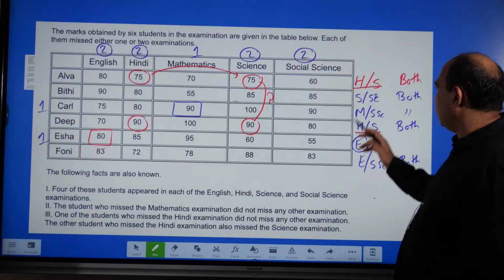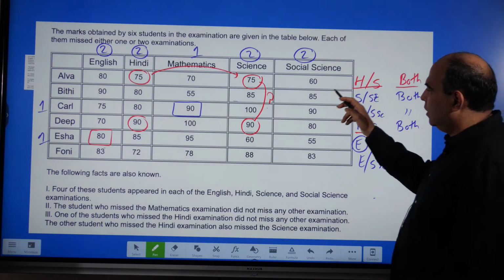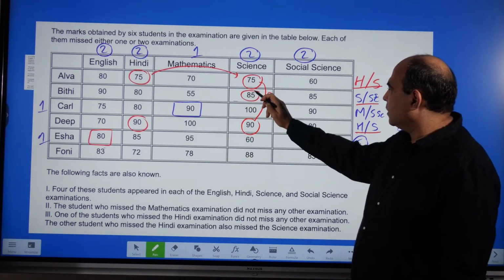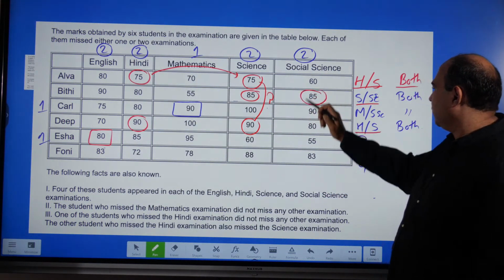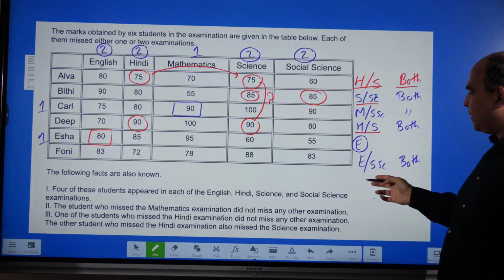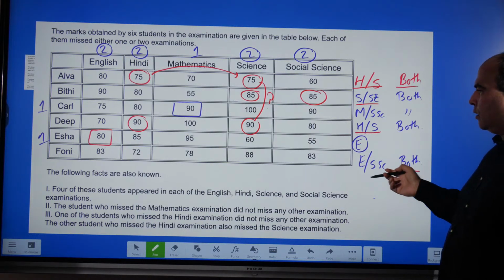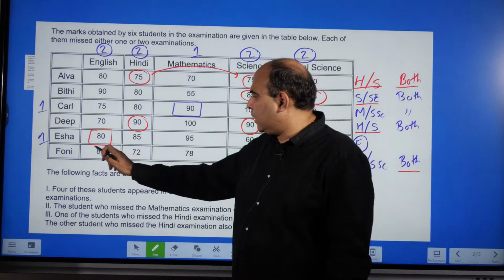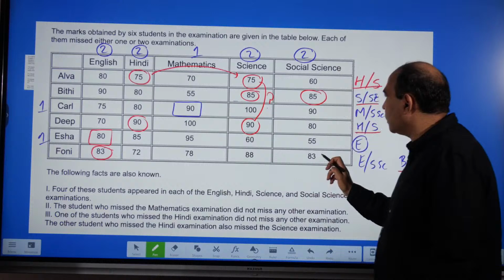So if B is missing 2 exams, he has to miss both science and social science. So B misses science and social science. If F is missing both exams, she has to miss English and social science both. So F is missing English and F is missing social science.